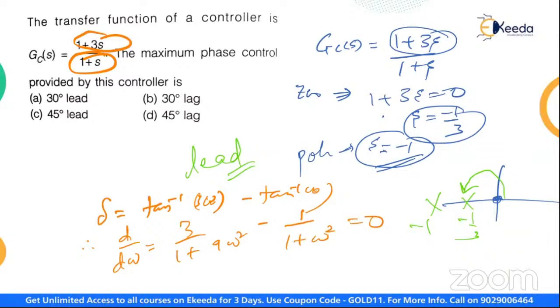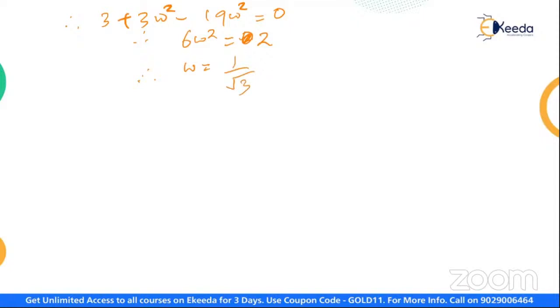Is that correct? Yes. Therefore you get 3 plus 3 omega squared minus 1 minus 9 omega squared equal to 0. Therefore 6 omega squared equal to 2. Correct? Yes. Therefore omega equal to 1 over under root of 3.